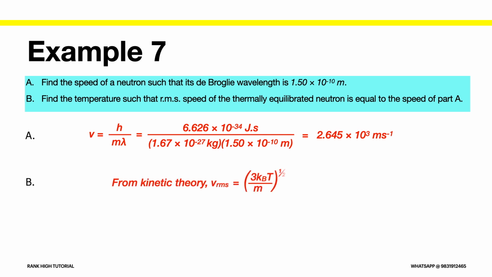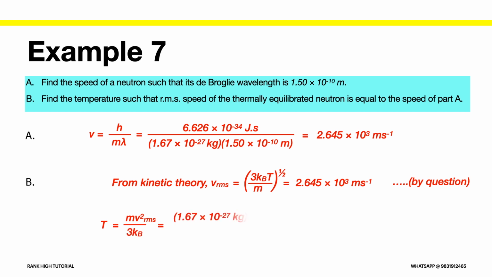From kinetic theory, we know Vrms = sqrt(3 kB T/m), which should equal 2.645 × 10^3 meter per second, which we obtained from part A. After rearranging, we get the temperature T = m Vrms^2/3kB. After putting values, we get the result, that is 282 Kelvin.